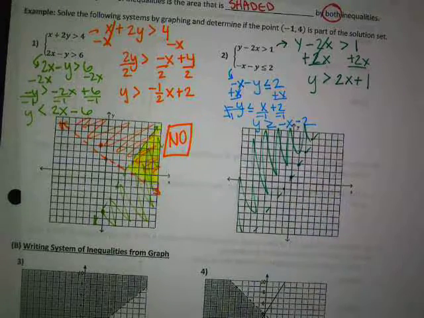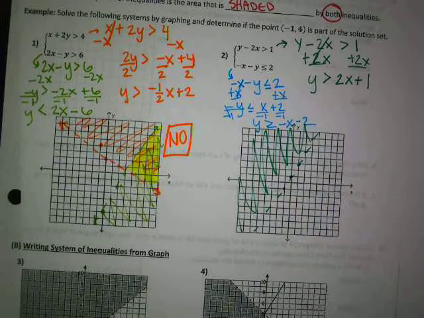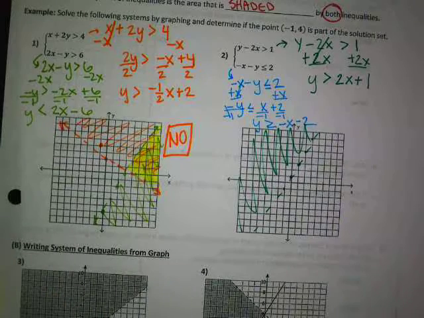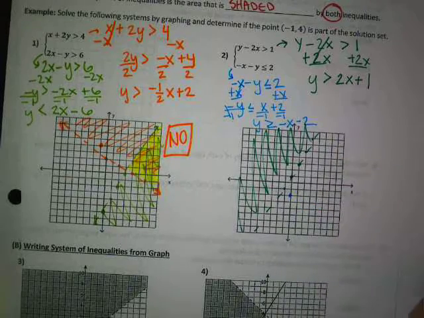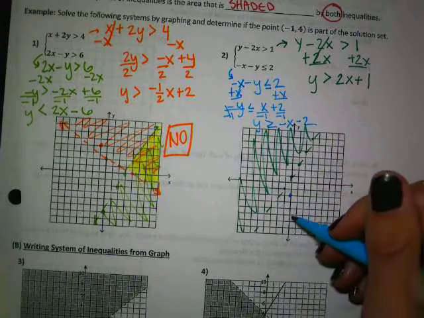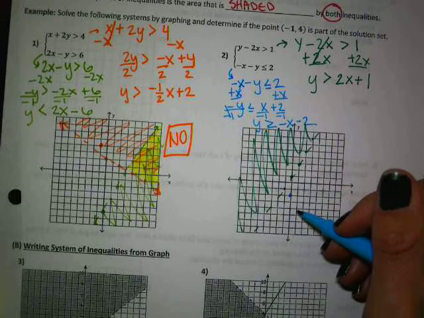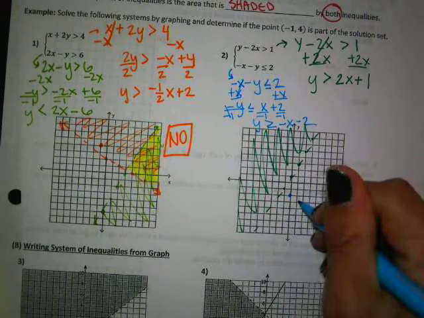Okay. Let's see who's going to help me. Andrew. Yay, Andrew. What's my y-intercept? Negative 2. And my slope? Down 1 over 1.